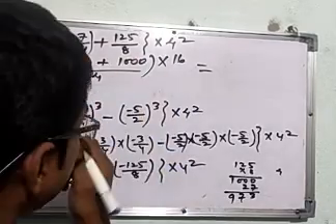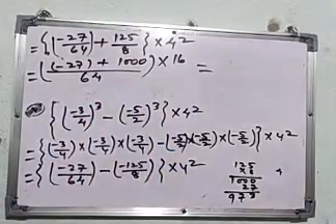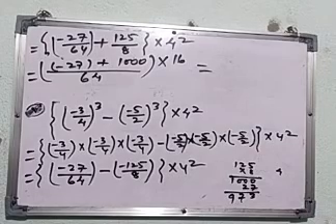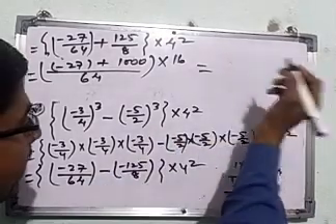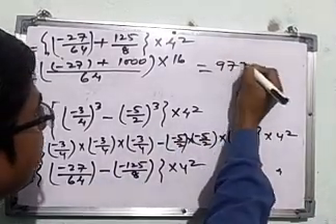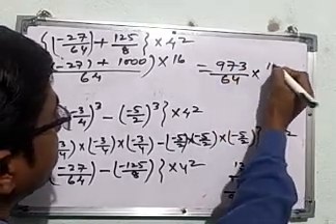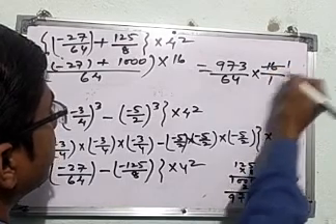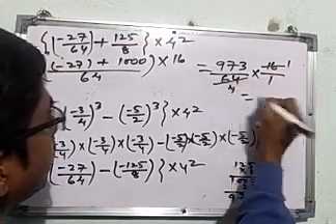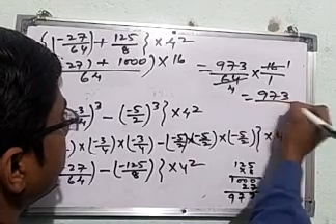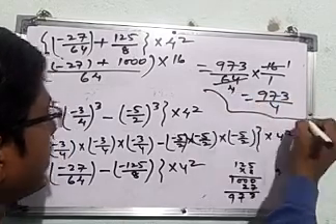So if you subtract 27 from 1000, we get 973 and 64 into 16 by 1. If you cancel, we get 973 by 4 is your rational number.